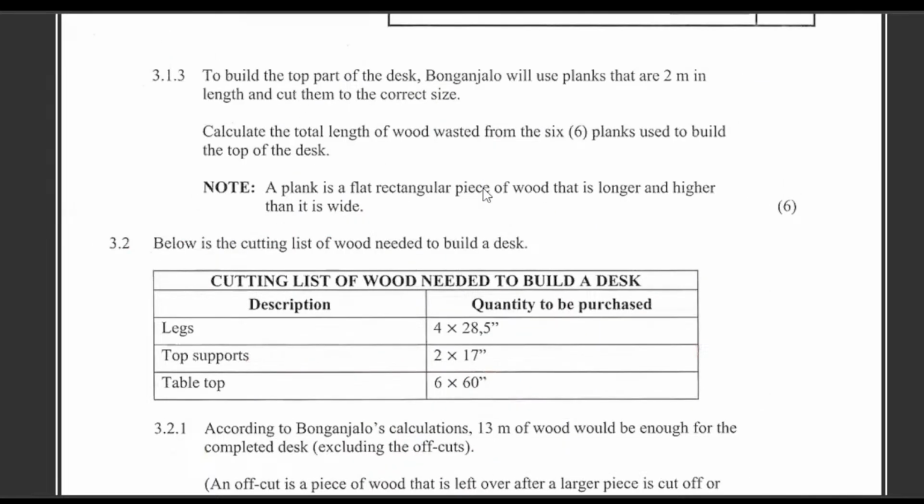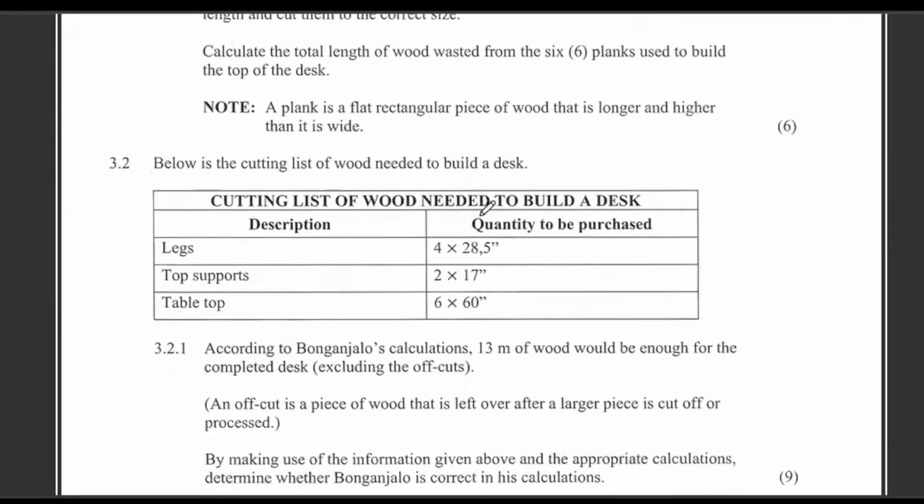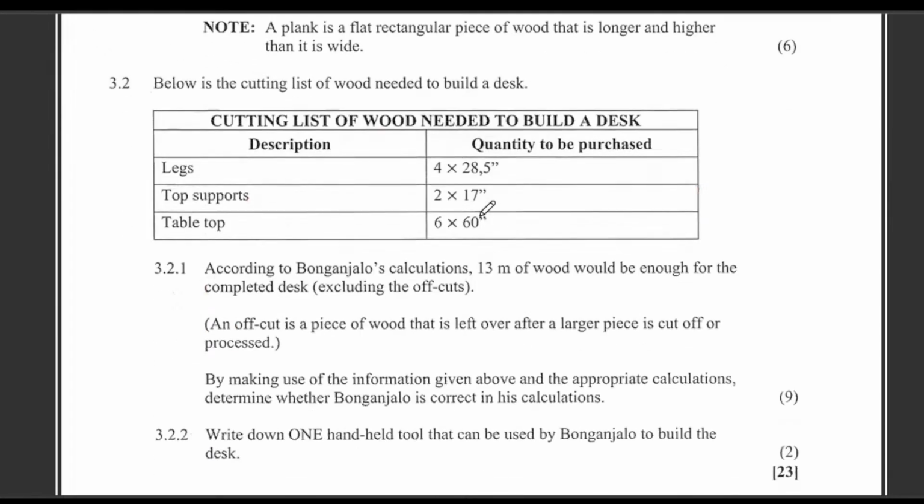Okay, let's look at that. Below is the cutting list of wood needed to build a desk. The cutting list, quantities to be purchased. According to Bonga Njalo's calculations, 13 meters of wood would be enough to complete the desk, excluding the cutoffs.